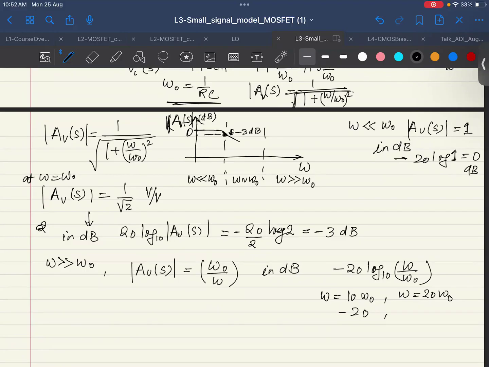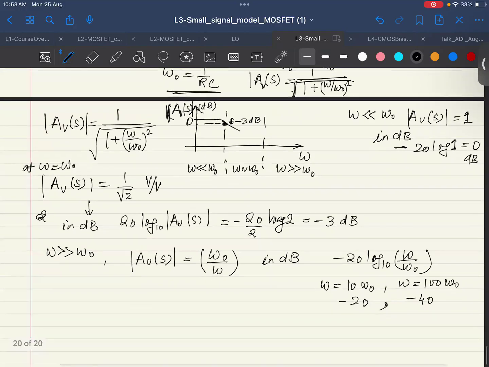Or let's take 100, I think that is better, because then we can understand it better. If I do 100, then it would be 10 to the power 2, minus 40, right?